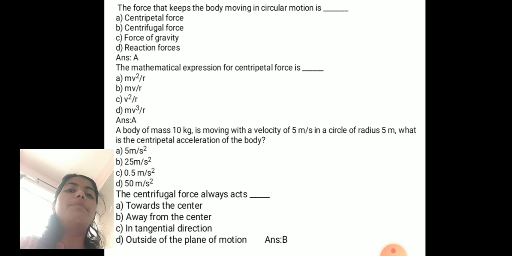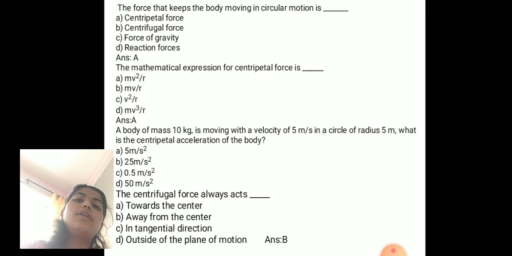A body of mass 10 kg is moving with a velocity of 5 meters per second in a circle of radius 5 meters. What is the centripetal force on the body? Here the centripetal force is m v square divided by r.